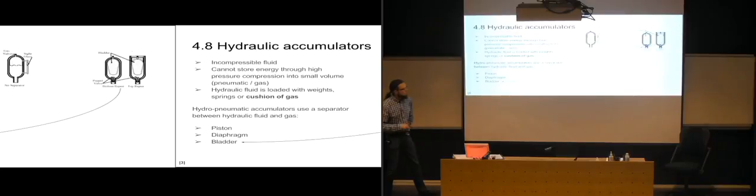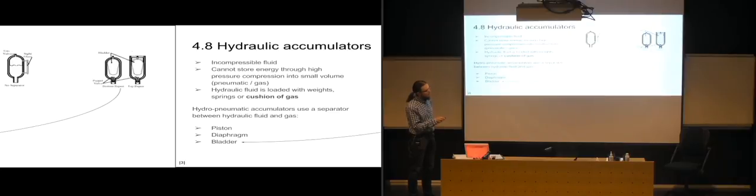Then we have the types that are using a bladder inside them, so that they have the gas contained inside the bladder, much like a balloon, basically. But the bladder material has a lot more strength in it than a regular balloon would. But it is also flexible, so that you can fill up.